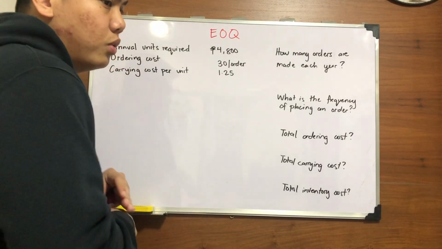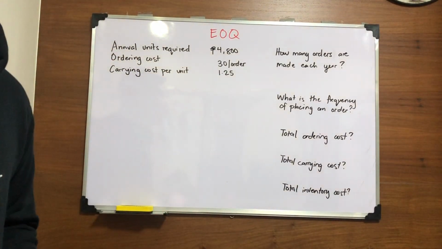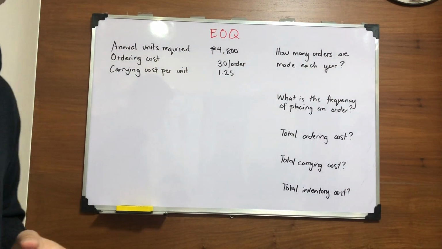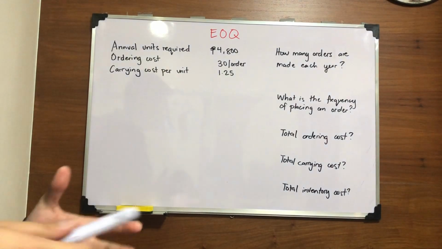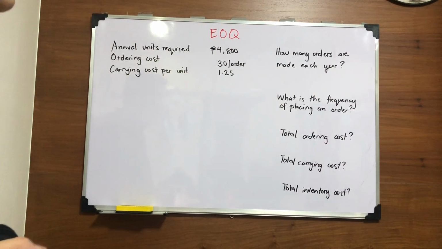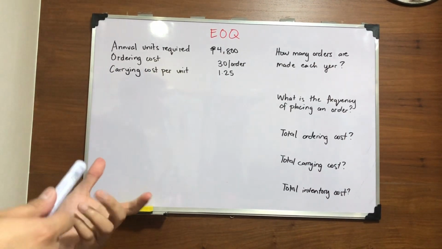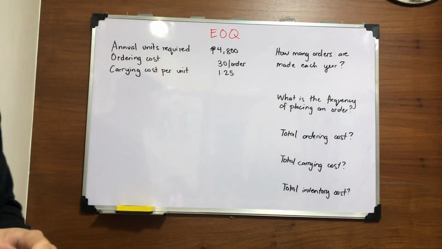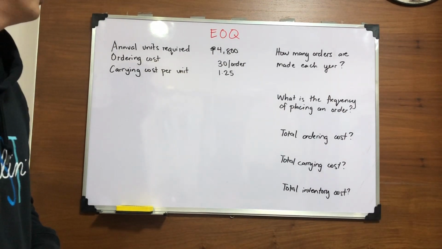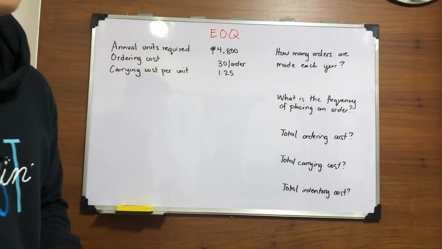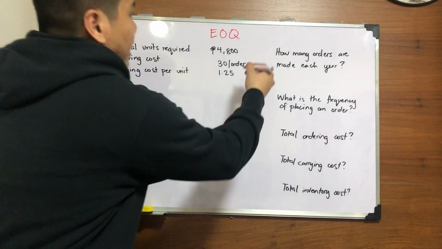So for EOQ, the concept of this is for us to determine the cheapest price for the cost of the inventory, I mean the ordering cost as well as the carrying cost. Where will you be able to reap maximum benefits? Okay, so you have to determine first your annual units required. So this is for this one. Let's just label it as A.